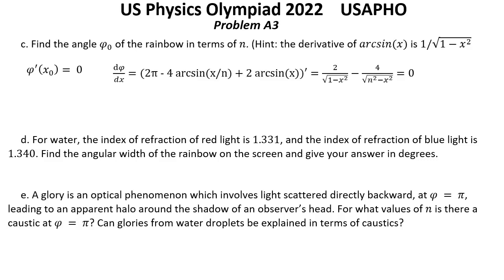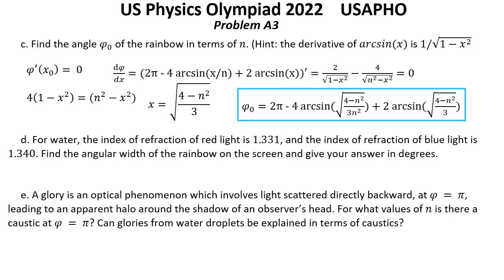From here we have the equation 4 multiplied by (1 minus x²) equals n² minus x². From here we have x equals the square root of (4 minus n²) over 3. And finally we can put this x into our expression for phi, and the result will be phi0 equal to this expression. That was the solution for question C.